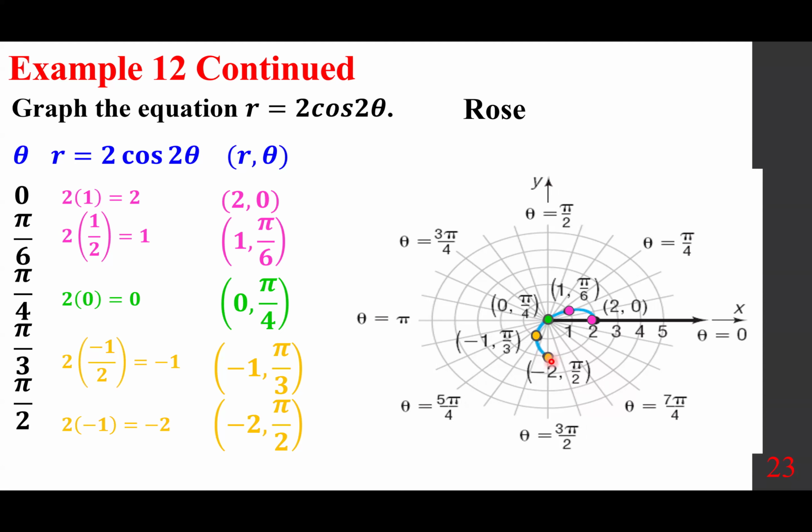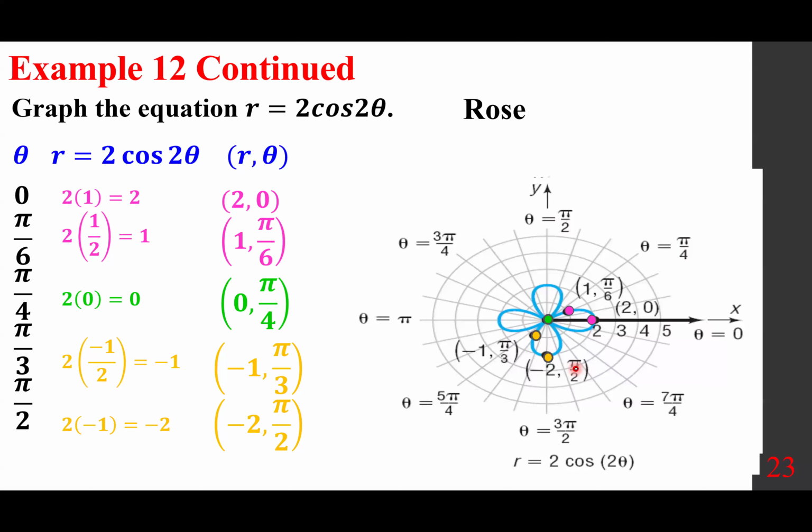If you continue, you get a rose. So this is what we had. If you continue. Okay, so maybe I put the arrows so you can see.